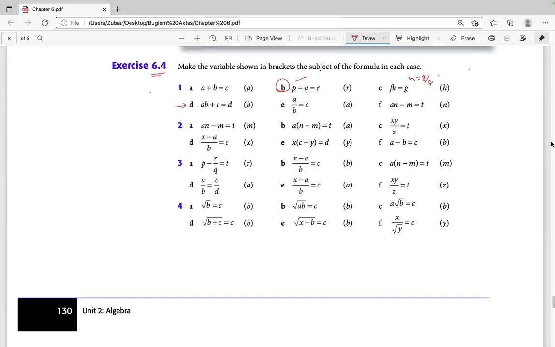You have to remember to say here minus. B minus D. B equals A over C minus D.